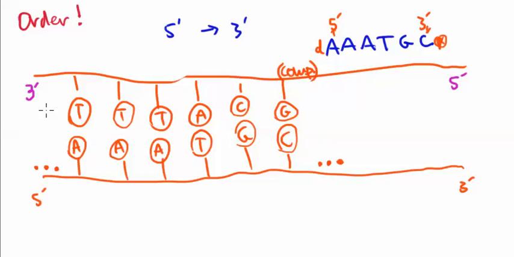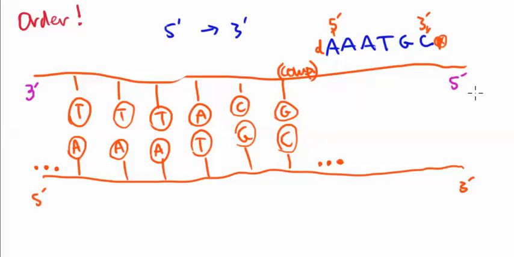So this is my 5 prime end, and that means my complementary strand, this would be the 3 prime end. Here's my 3 prime end, and on the complementary strand, that is my 5 prime end. So that's the way that we represent the complementary strand. It does run backward than convention.